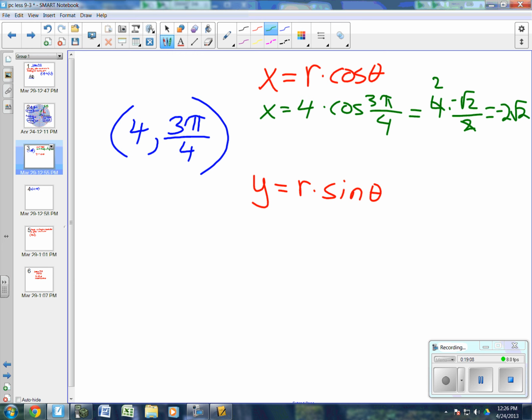What's negative 2 times root 2 come out to be as a decimal? But, hey, Sydney, you might want to check to see if you're in radians or degrees. You should be in what right here? Radians, okay?